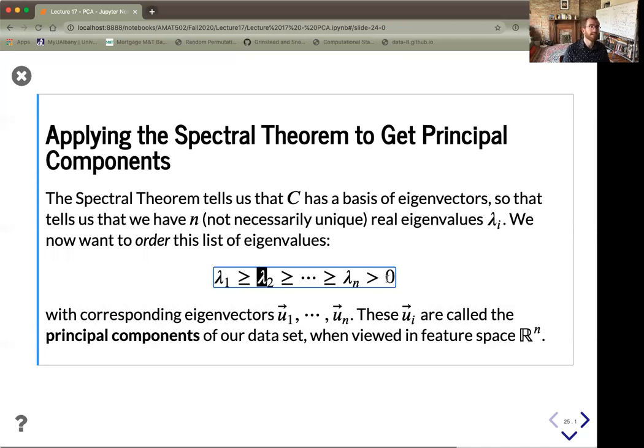Corresponding to each of these eigenvalues, we have eigenvectors u1 through un. These are called the principal components of our data set. We think of these as the directions where most of the variation occurs, and we're going to make that precise in just a second.